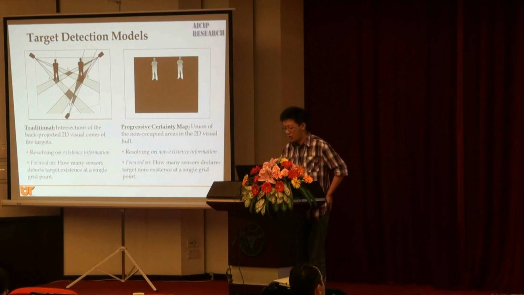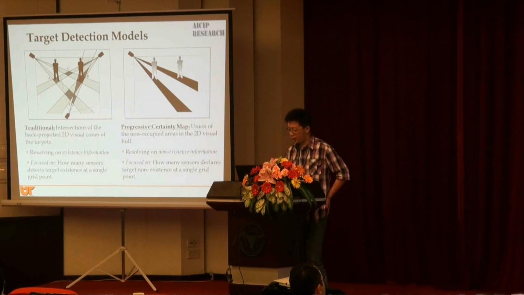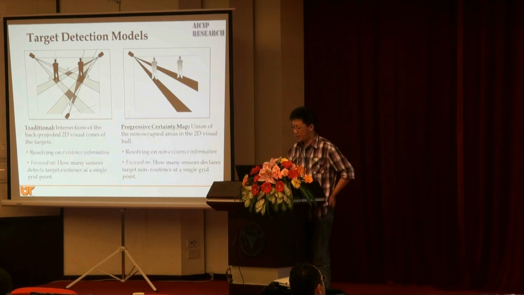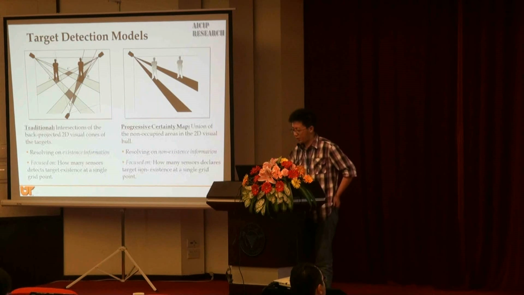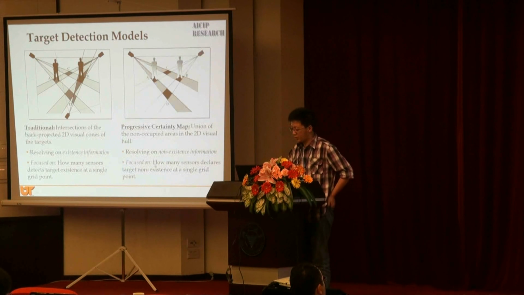And the probabilistic certainty map is the union of the non-occupied areas in 2D visual cones. It relies on non-existence information, and focuses on how many sensors report target non-existence at a single grid point.